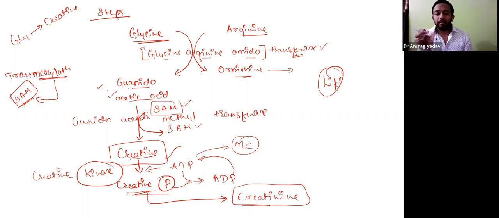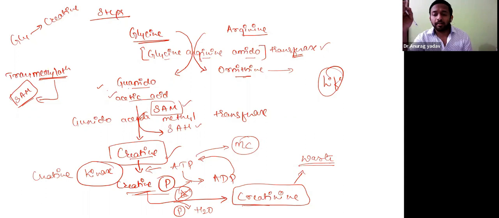Creatine is the specialized compound which has a designed function. Creatinine is a waste compound, the end product of creatine phosphate. We are removing the phosphate group and also dehydrating it, removing water from the creatine to form creatinine. Now, what is the enzyme? There is no enzyme. It's a non-enzymatic reaction.